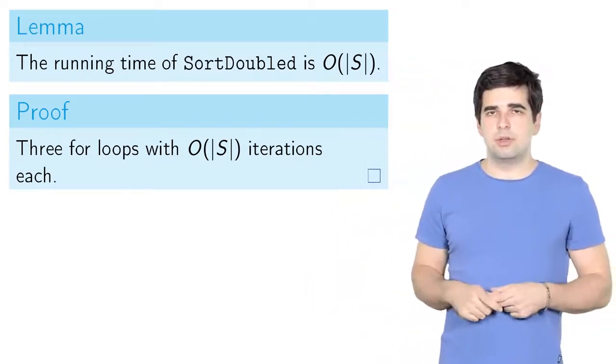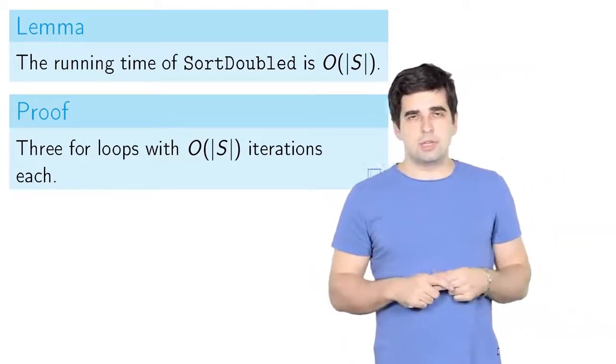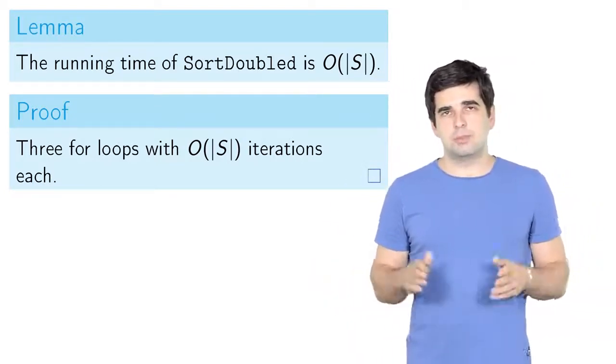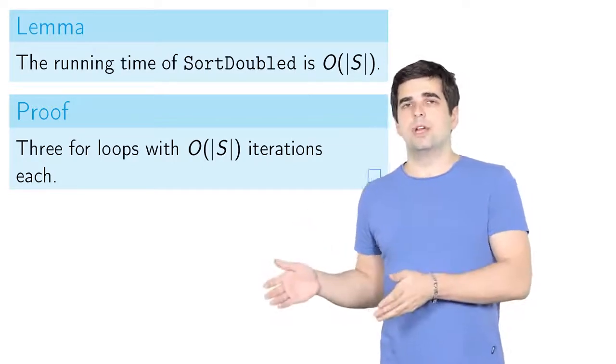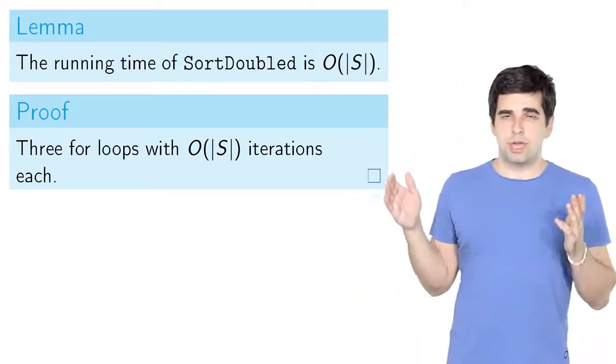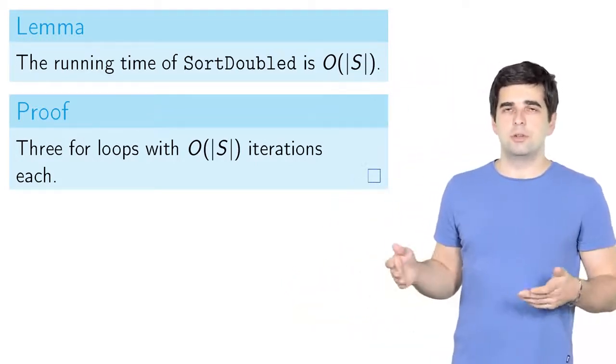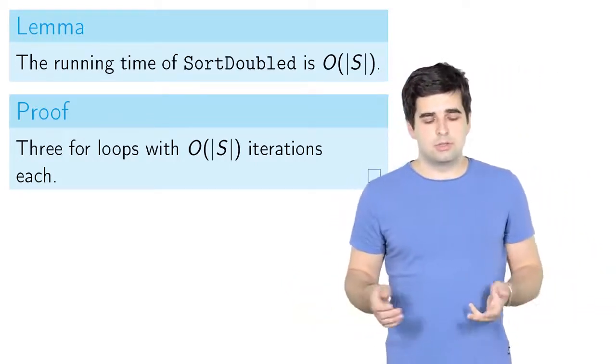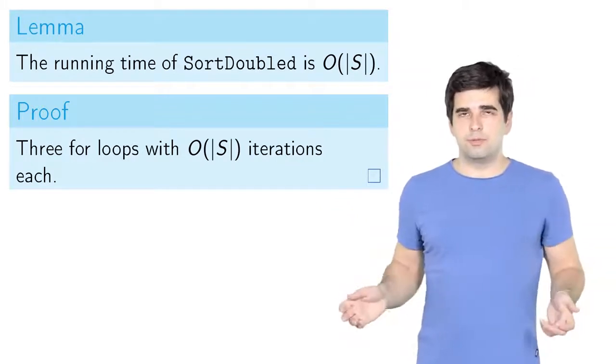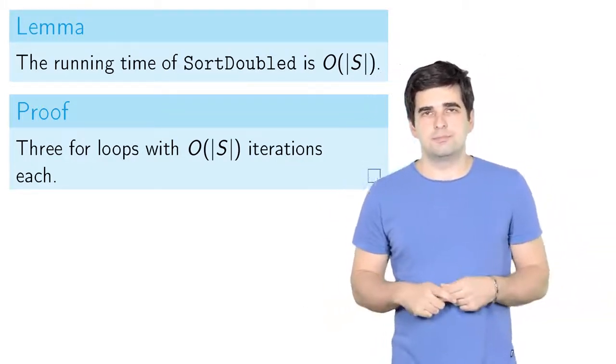And it does so in the running time of the counting sort, which runs in time number of items plus number of different values. Number of items is equal to the length of the string, and the number of different values of equivalence classes is also at most the length of the string. So all in all, those 3 for loops run in linear time.